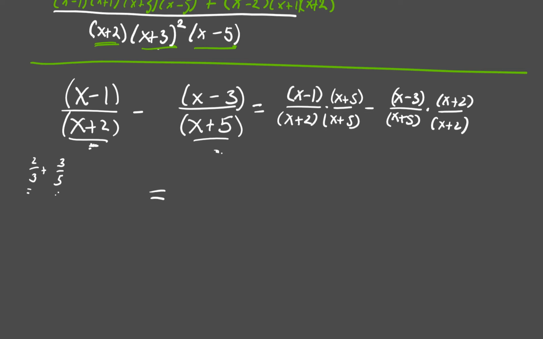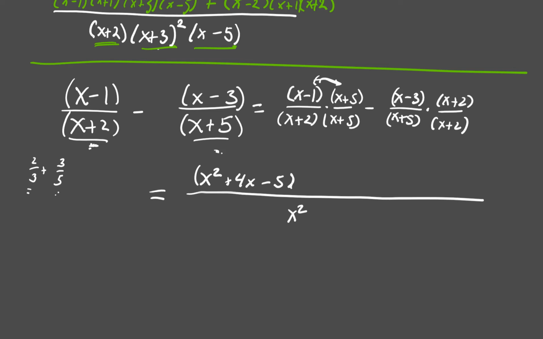So x minus 1 times x plus 5, if we FOIL this out, we're going to end up with x squared plus 4x minus 5. And that's that numerator. I can put this all over the same denominator now, x squared plus 7x plus 10.